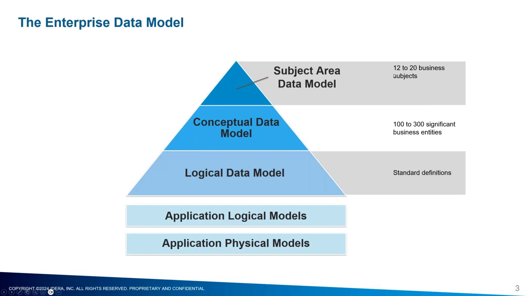Then we can arrange those business concepts into different subject areas, so maybe 12 to 20 business subjects. So we've now got a nice, clean model of the information of the organization. We've got a simple model at the top where we can work out what's what, then drill down to get more detail as we go down, and then eventually tie it to our application models.